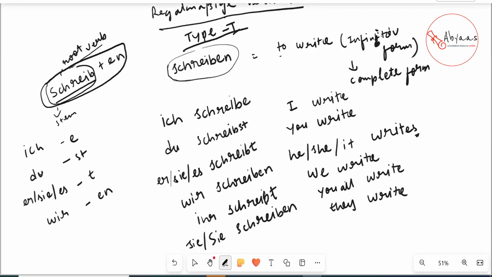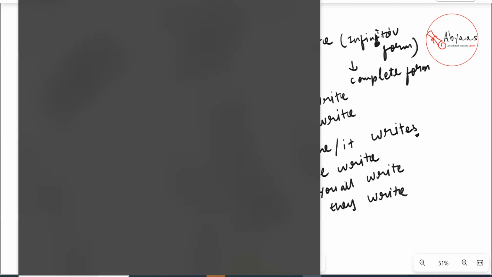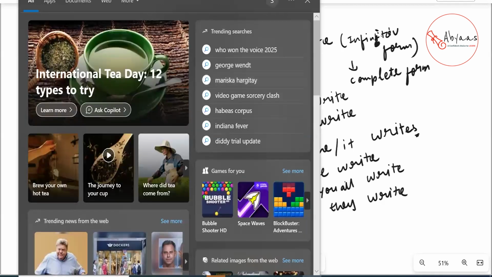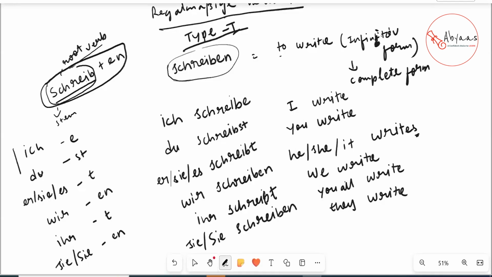So with ihr, t. So what is this ihr? You all. T with sie and Sie, en. So in the case of the first type of verb, there is this logic.